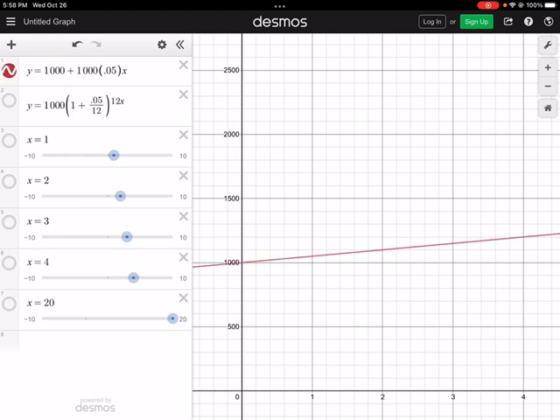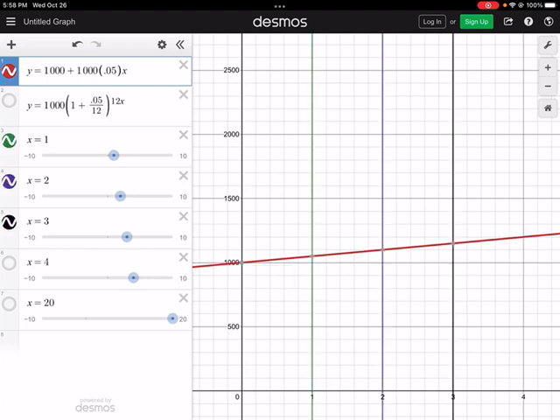So the graph that I just popped on here is our simple interest graph. We can see that this is a linear graph, and I've put on 4 horizontal lines just so we can see the value of that graph at X is 1, 2, 3, and 4, with X representing my time and my Y representing my accumulated amount. And that does match up with what we have calculated.